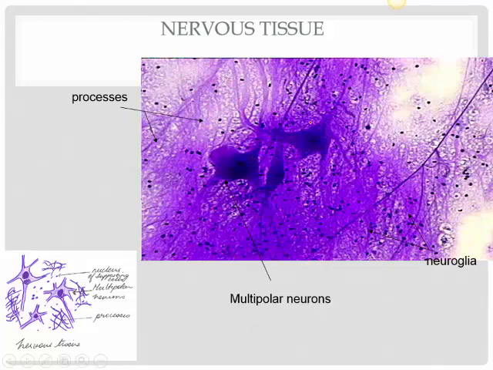The processes are so many that they form a little network all around. The neuroglia just look like little dots. You can only see the nuclei, so you cannot tell which neuroglia is which. In order to actually see the structure of neuroglia, you really have to do more detailed, high power imaging, probably electron microscopy. Okay?